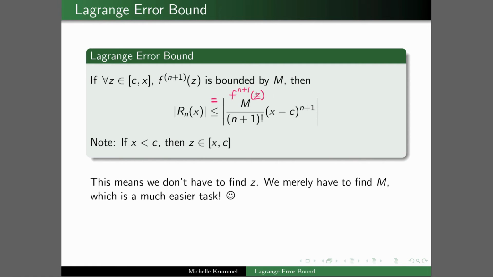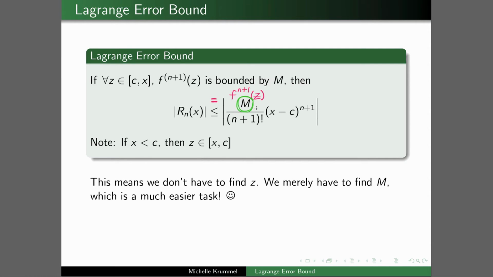What we have with our Lagrange error bound instead is we're going to figure out what is the largest possible value evaluated at z, knowing that z is somewhere in this interval from c to x. So we're going to figure out what is the largest possible value of that derivative, and we're going to call that M.